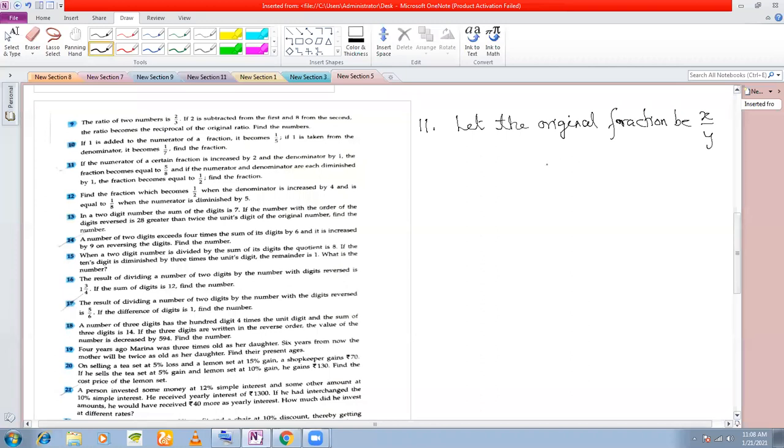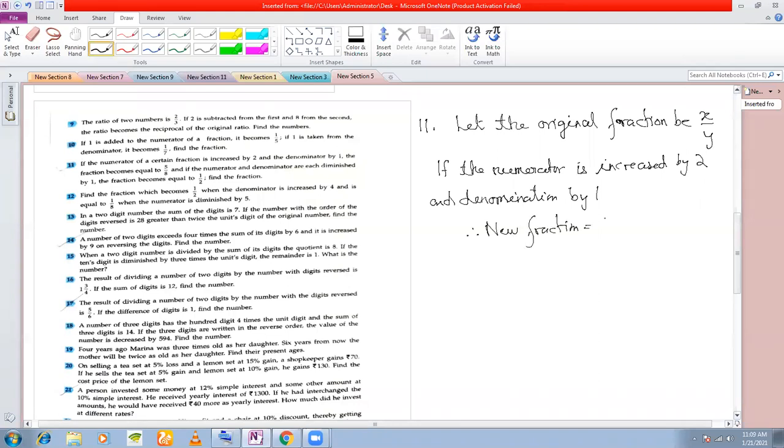First condition: if the numerator of the certain fraction is increased by 2 and the denominator by 1, therefore what is the new fraction? x plus 2 by y plus 1.